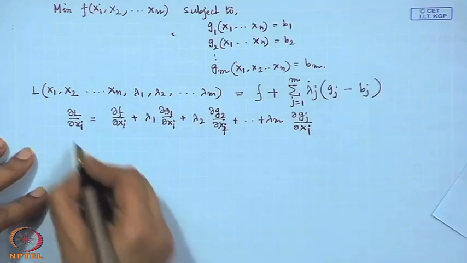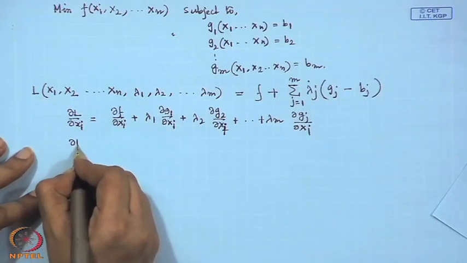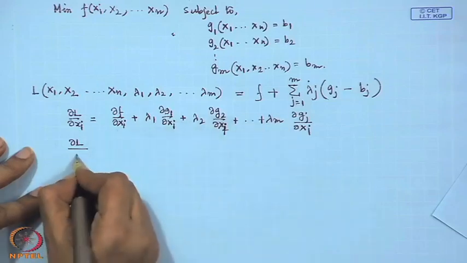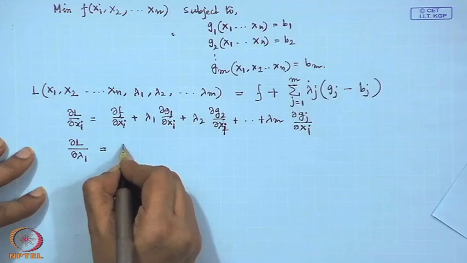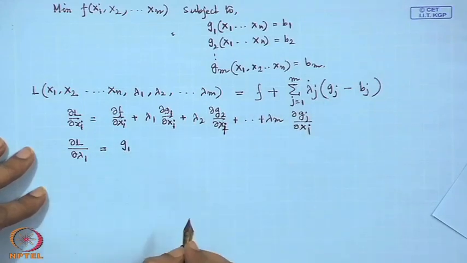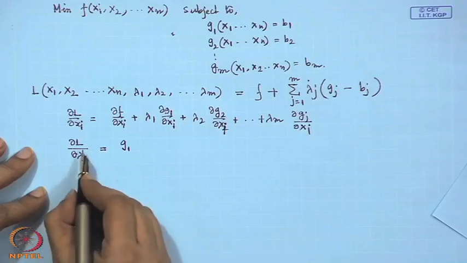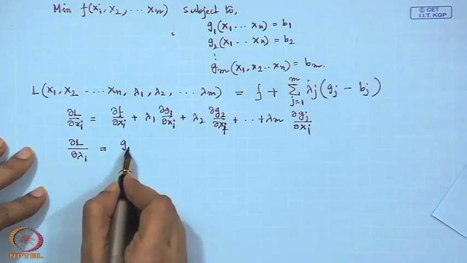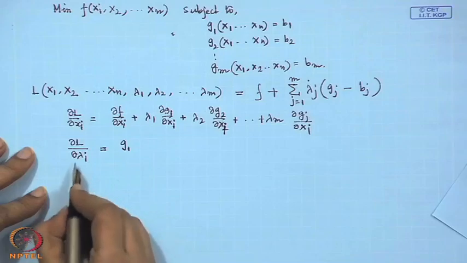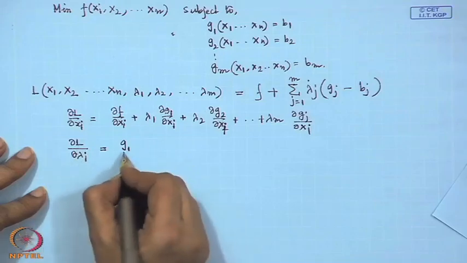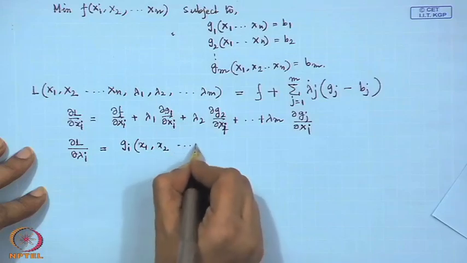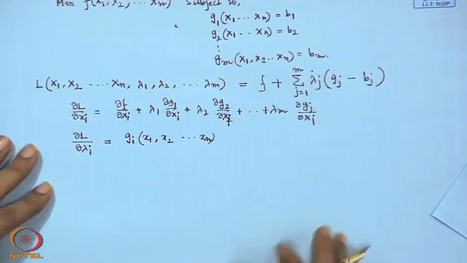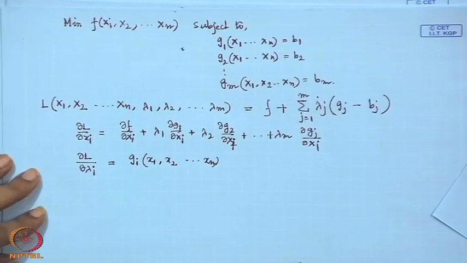Similarly, if we take the first order derivative of L with respect to lambda 1, it would be g1 only. And del L by del lambda 2 would be g2. In this way, del L by del lambda i would be gi of x1, x2, up to xn.